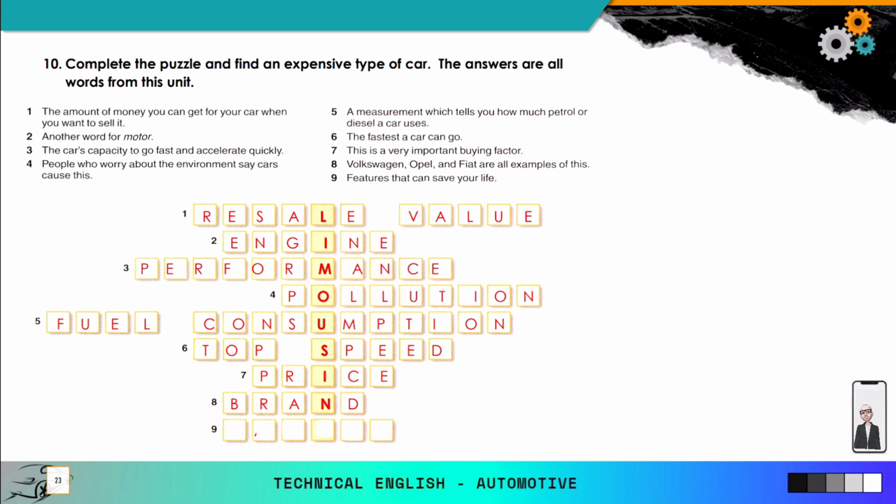Features that can save your life are called safety equipment or safety features, airbags, ABS, pre-collision systems, whatever.